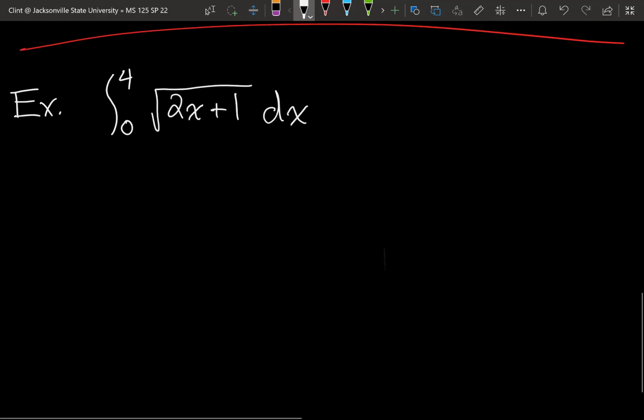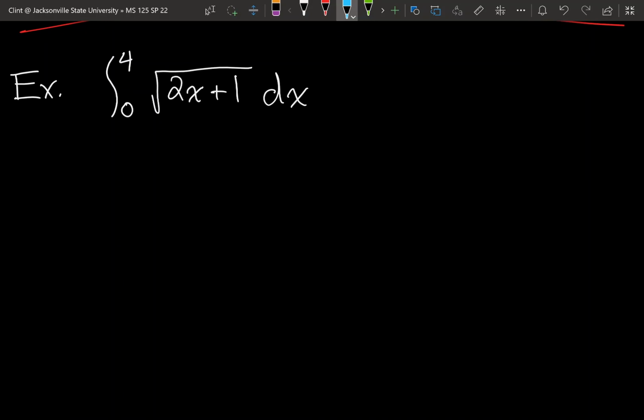We can do this with u substitution. You may want to make a trial on what to use for u. We could do 2x. The downside to just doing 2x is that we'll have the square root of u plus 1, and then we're still stuck not being able to get the antiderivative. So we can add in a little bit more to our u, and it makes life a little easier. What else could we put in there? We can put in the plus 1. Then when we do the substitution, we'll just have the square root of u, and that we can handle.